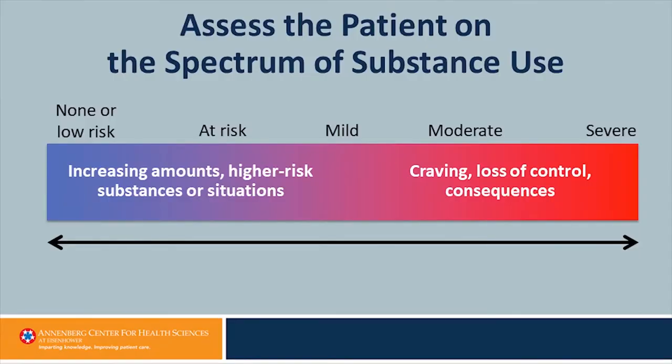So as we alluded to in the previous module, substance use disorder exists now on a spectrum. This is very different than the old DSM thinking about addiction as being either abuse or dependence.